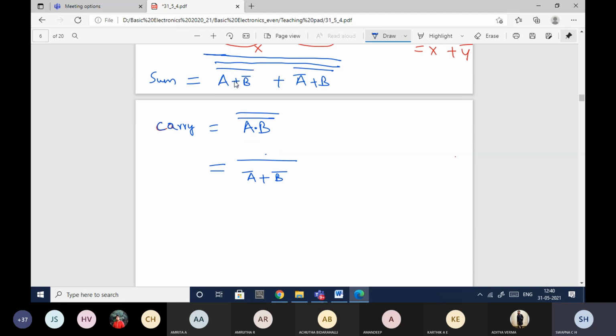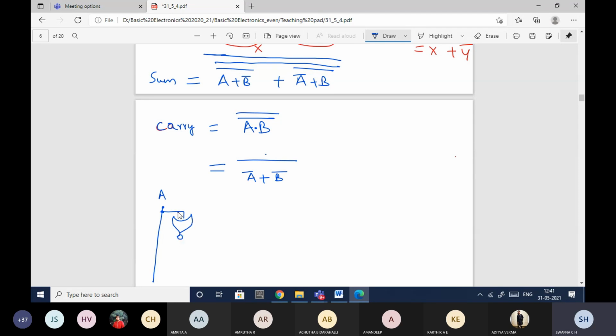I need to get A B bar. In the equation I have A also, and B bar also. So I'll take this as A. I need to get A bar. I cannot use a NOT gate like this, because the implementation is using NOR. You may ask why I'm specifying it again and again, because I've seen people going wrong here.